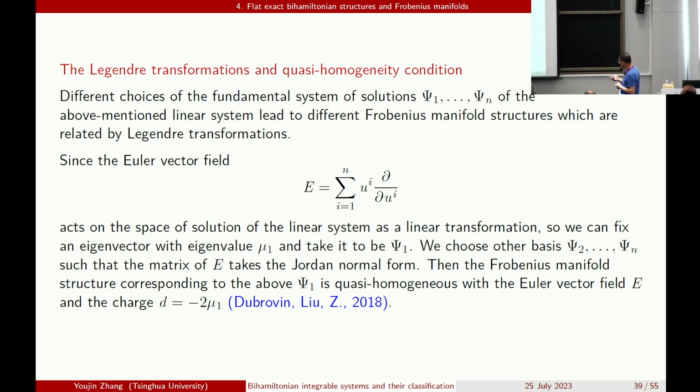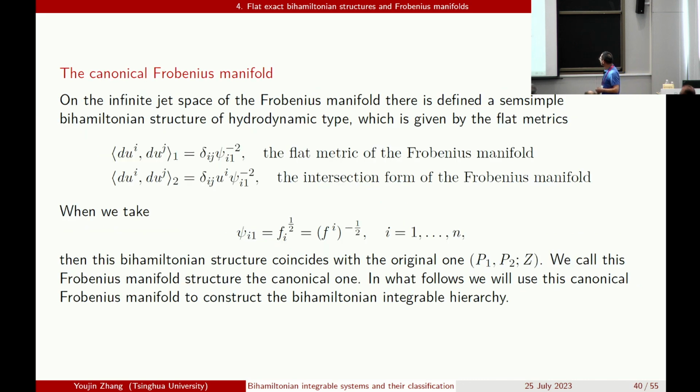Then we obtain this Frobenius manifold with quasi-homogeneity conditions. That means that it possesses an Euler vector field. And we already know that starting from any Frobenius manifold, we also have two flat metrics, which form a flat pencil and give a bihamiltonian structure. One flat metric is the original flat metric of the Frobenius manifold, and the other is given by the so-called intersection form of the Frobenius manifold. These two flat metrics give us a bihamiltonian structure of hydrodynamic type.